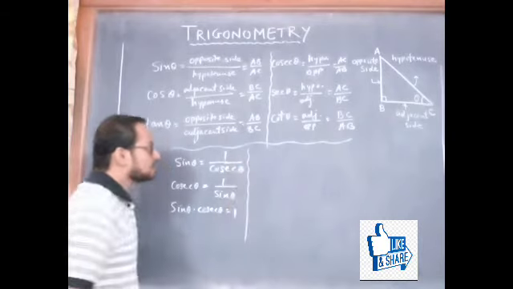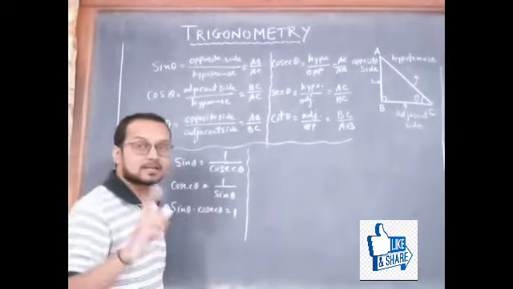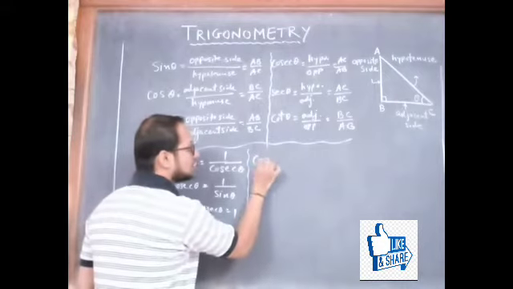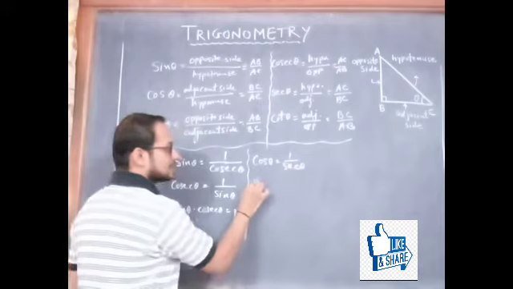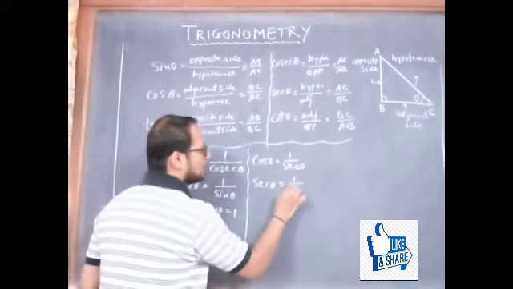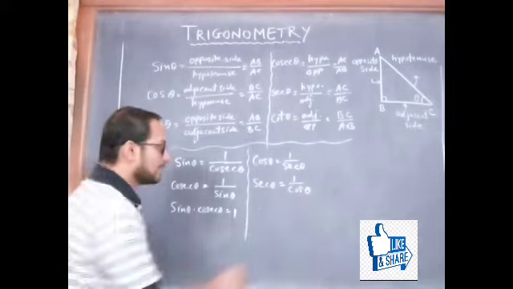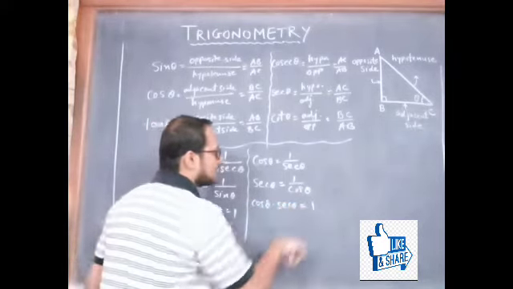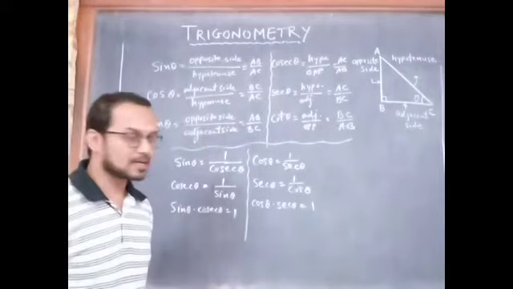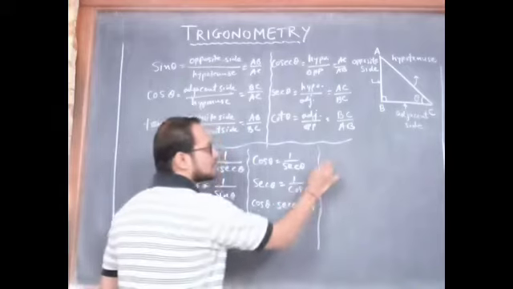So this is the relation between sin and cosec. The second relation I can get here is between cos and sec. As cos and sec are reciprocals of each other, we get cos theta equals 1 upon sec theta. Similarly, sec theta equals 1 upon cos theta. And if I multiply both of them, I get cos theta multiplied by sec theta equals 1. So this is the relation between cos and sec. Similarly, we can get a relation between tan and cot.